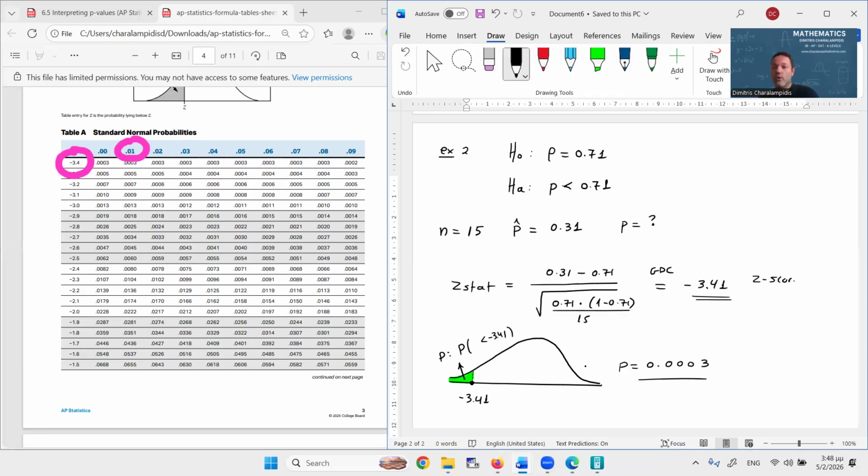That's for now. In the next video, I'll show you the cases of calculating p-values when the actual sample proportions are opposed to the direction that the alternative hypotheses indicate.